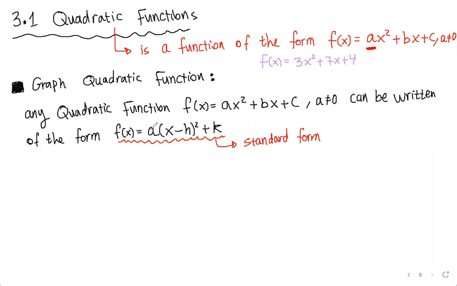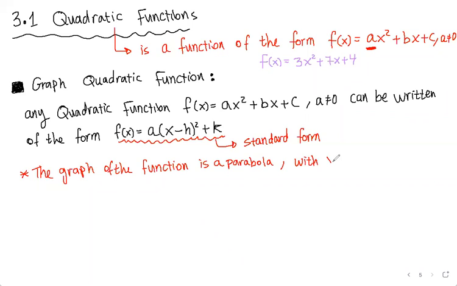But let me first explain what a, h, and k are. The first thing we have to know is that the graph of the function is a parabola, such that the vertex of the parabola is h comma k.